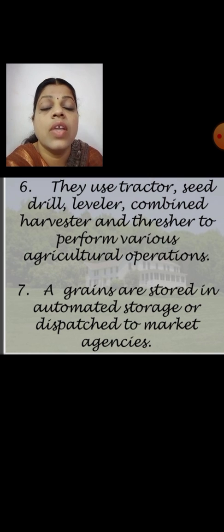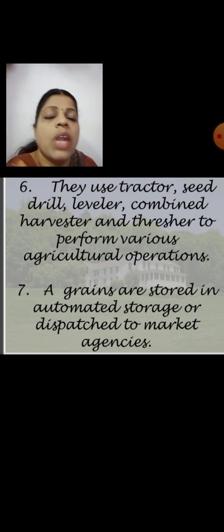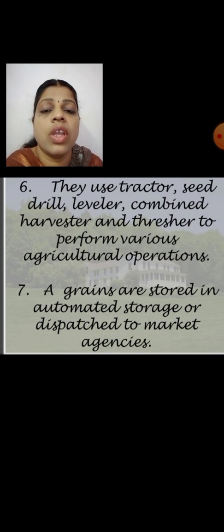So actually they have commercialized their agriculture. How? Through implementing various programs to ensure the fertility of the soil, to increase the fertility of the soil, and thereby they can rectify the defects in their system.